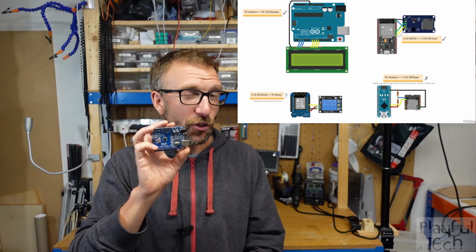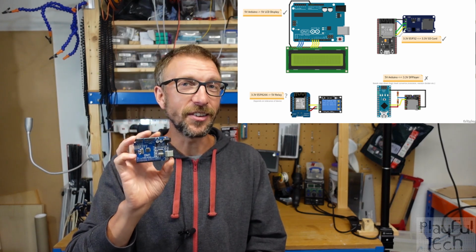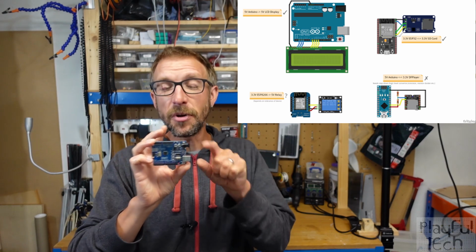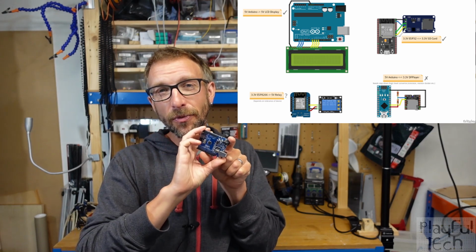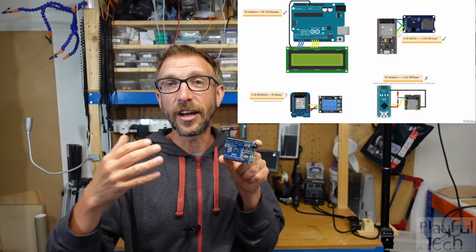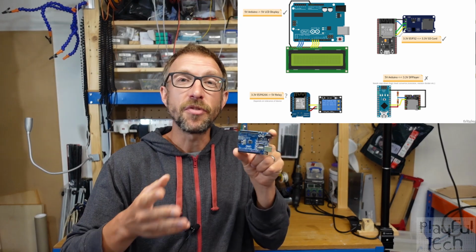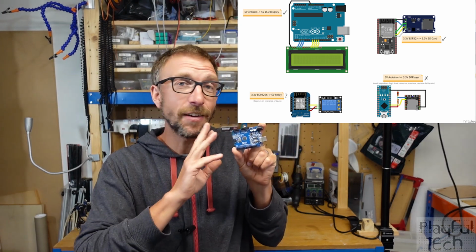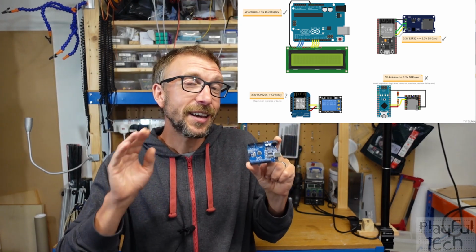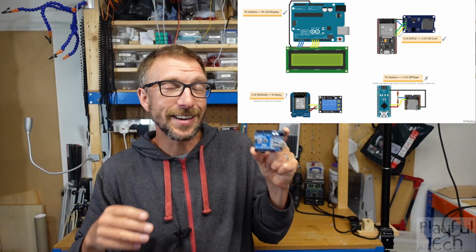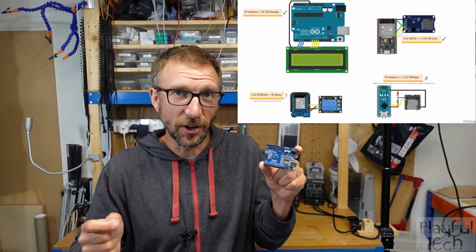But if they're not tolerant, that could very easily damage the board. Now you might be able to step down that 5 volt voltage to 3.3 volts using a resistor divider circuit, and you'll have seen me use them in many previous projects, such as when I connect a DF player to an Arduino. But again, you might prefer to use a dedicated logic level converter.